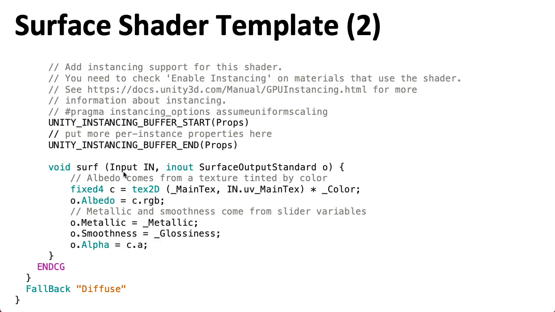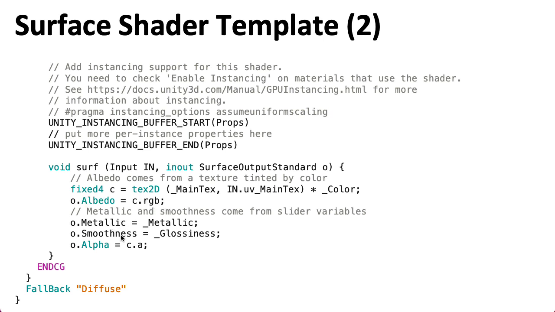Anyway, here we have something that takes that input structure. Here it has the texture coordinates, and it's going to fill in that SurfaceOutputStandard structure. So here it looks up the appropriate texture color, multiplies it by the color that you set in the inspector, and sets the RGB of that to the albedo.